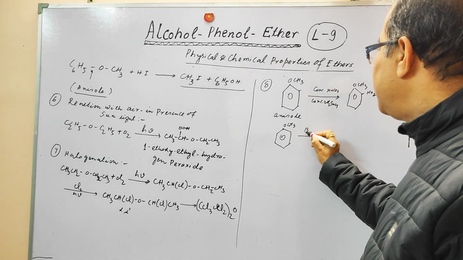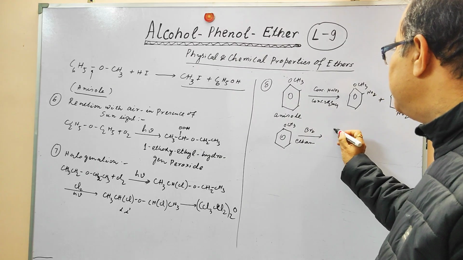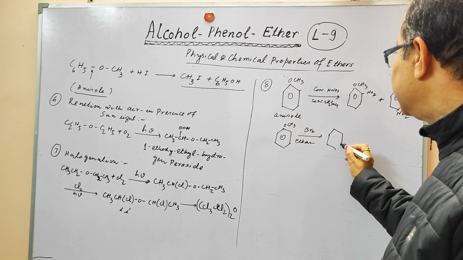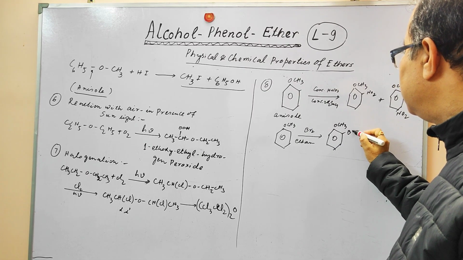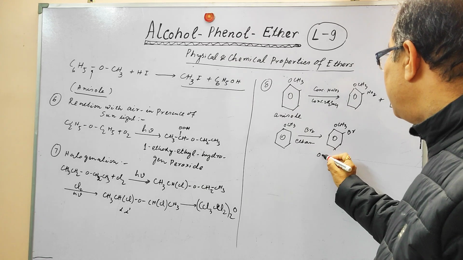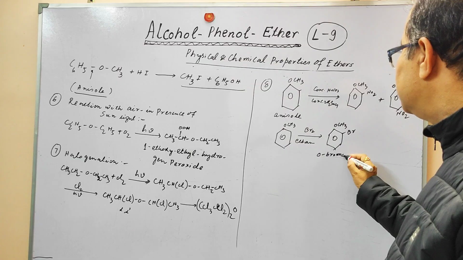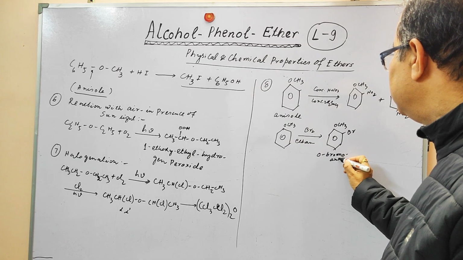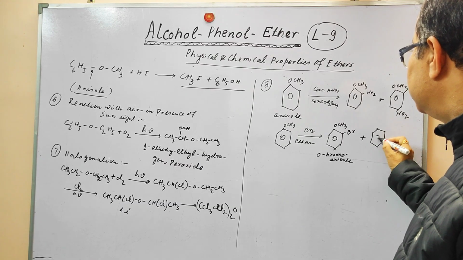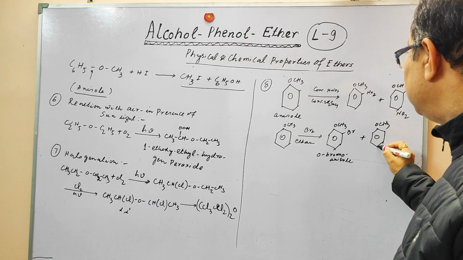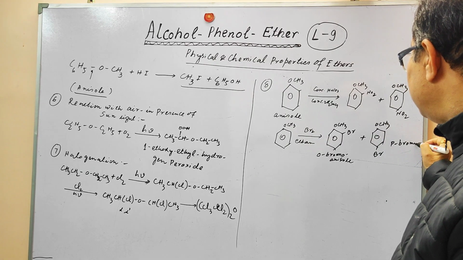With bromine in ethanoic acid, it is going to produce a mixture of products: ortho-bromoanisole and para-bromoanisole.